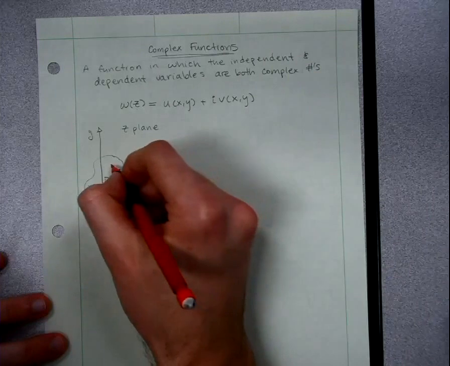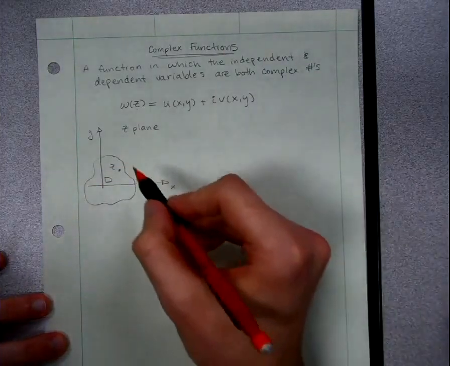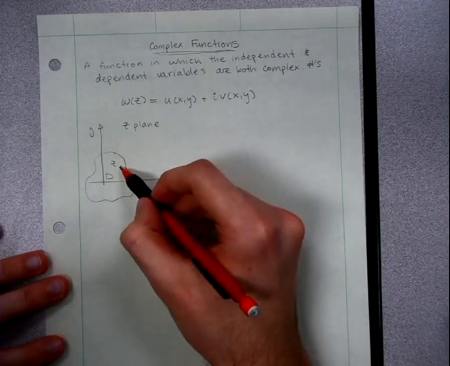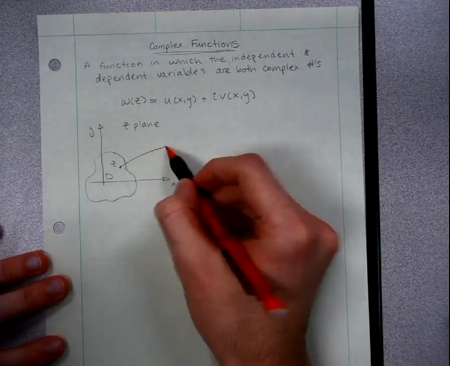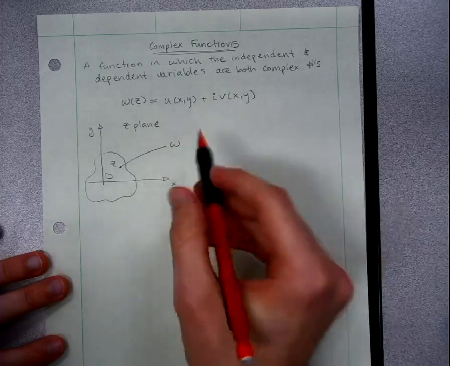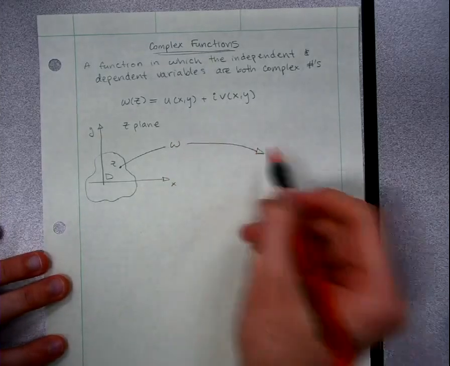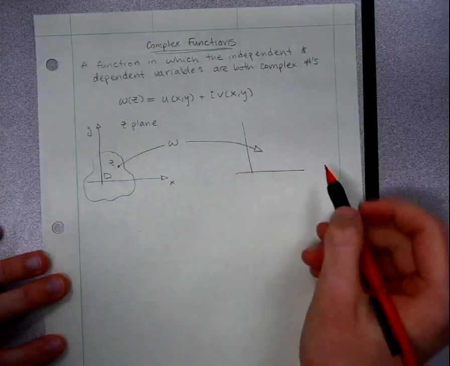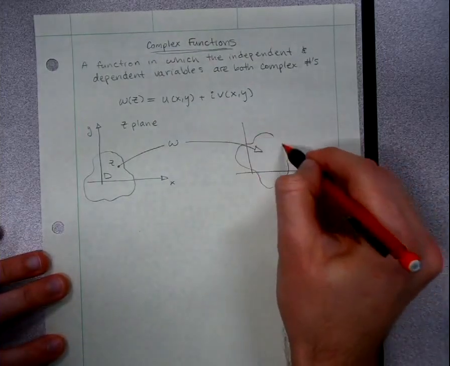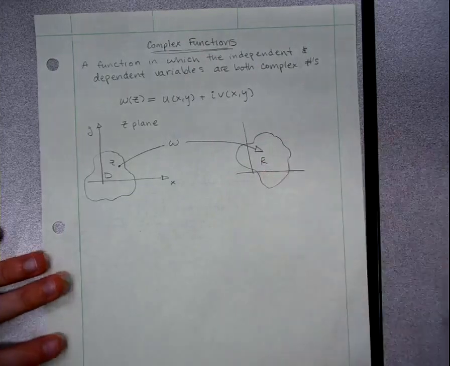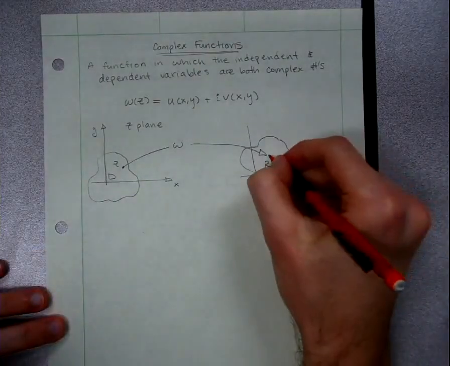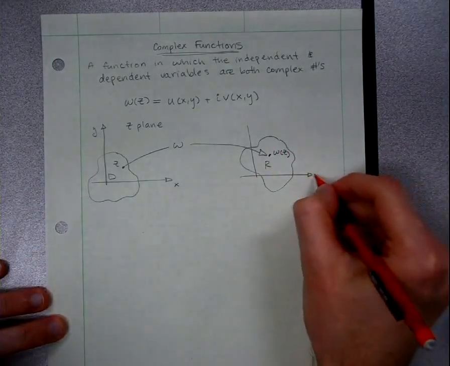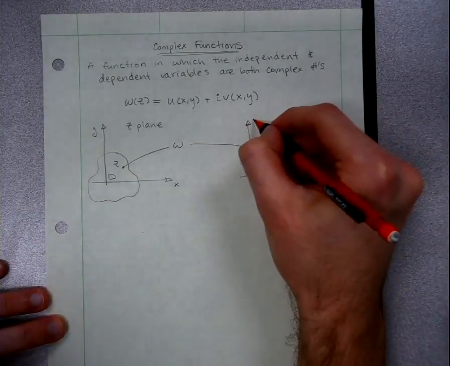So we're going to take some point z, and we're going to feed it into this w, and it's going to put it on a new plane called the w-plane. So here, and it's going to give us a range. So this is going to be w of z, and the axes are going to be u and v.